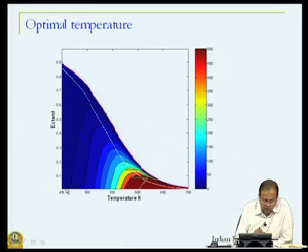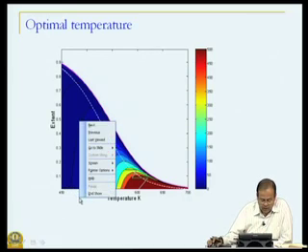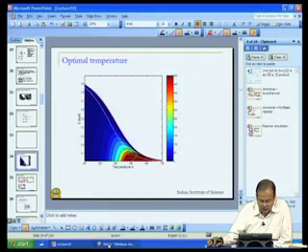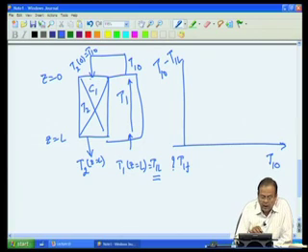So, if my temperatures are low, let us say something like this, then I see my reaction rate is also very low. So, I would then expect that my reaction will be very slow in the reactor, and therefore, at low values of T10, very little reaction in the reactor.